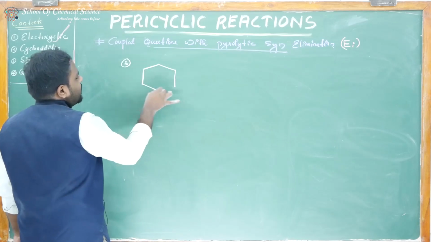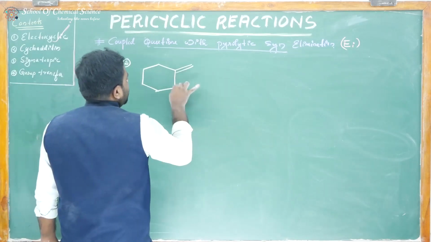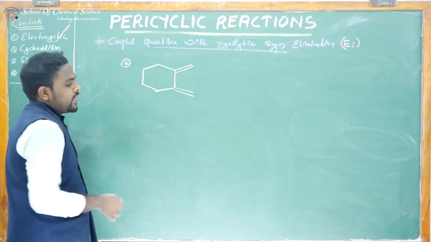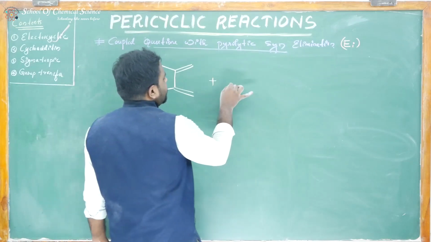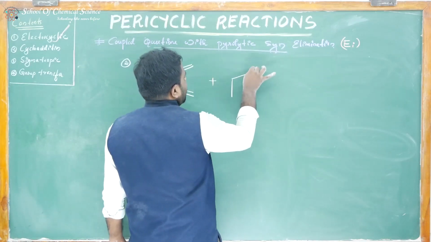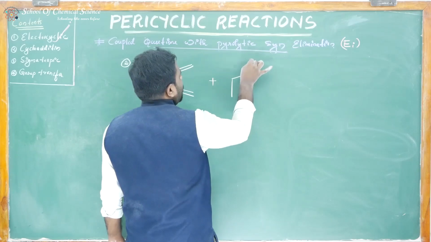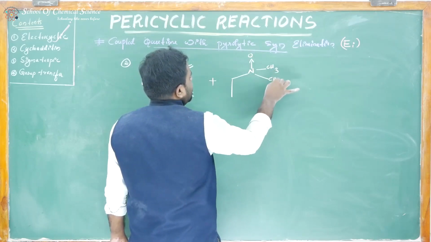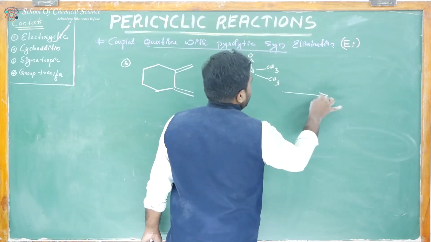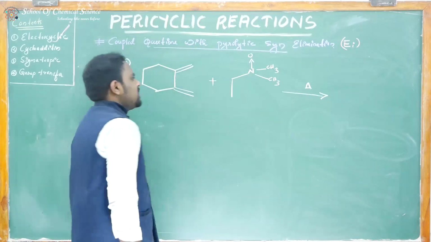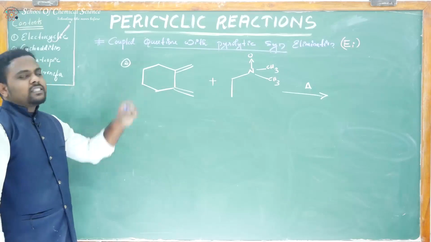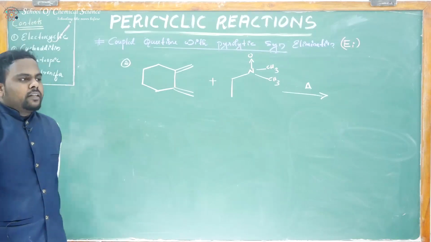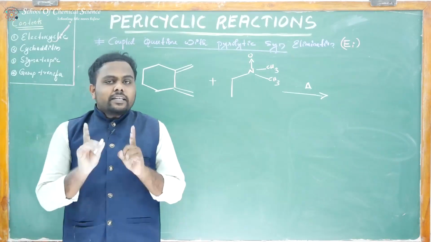A diene is there, an exo diene, plus an N-oxide, N(CH3)2, under thermal condition. What is the product? Diene is there, but there is no dienophile.